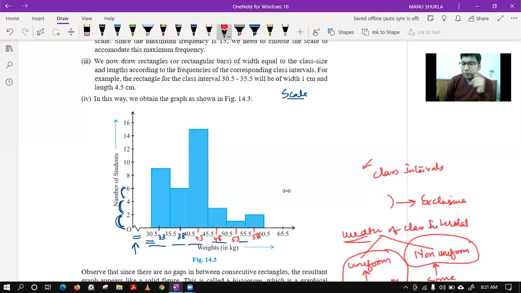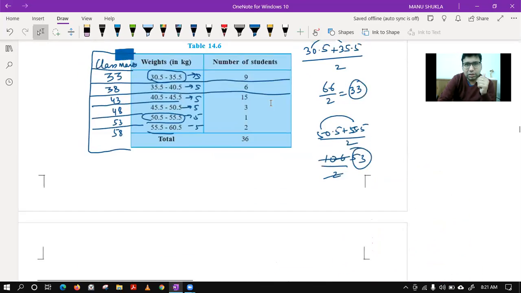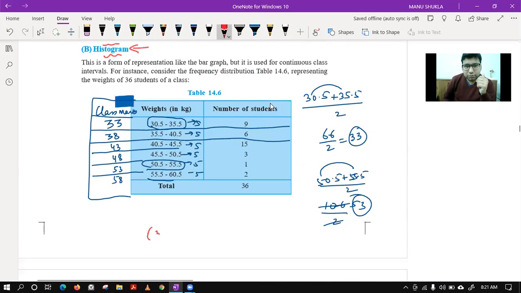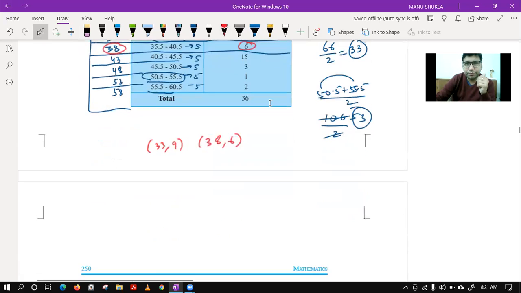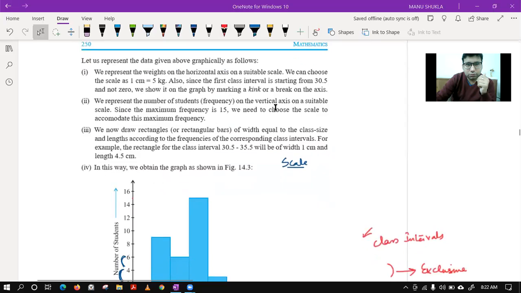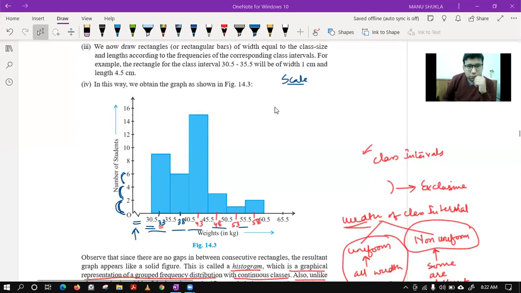I have told you the first coordinate is 33 comma, please tell, the first point is 33 comma 9. Second point is 38 comma 6. So we have to locate all these points. So this point 33 comma, it was how much, 9 na? Okay, then similarly you have found all these midpoints.